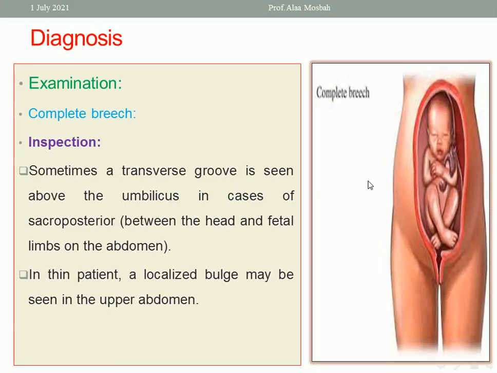During examination and inspection of the abdomen, we may see a transverse groove, which represents the area between the head and fetal limbs. This area can be seen on the abdomen as a groove above the umbilicus. Also, in a thin patient, we can see a localized bulge in the upper abdomen related to the head.